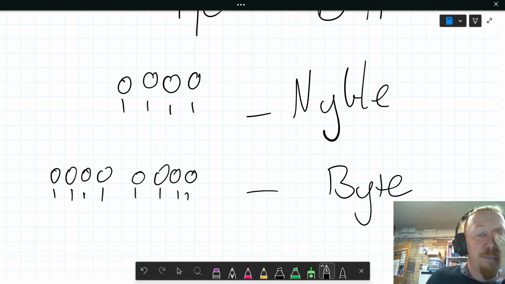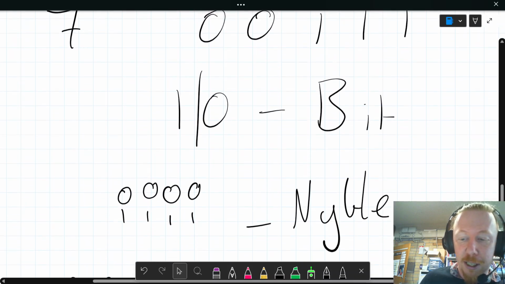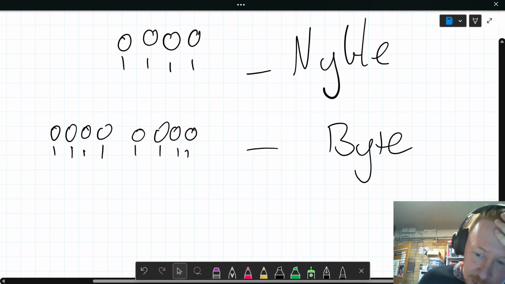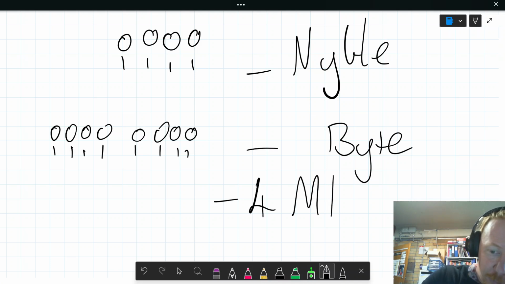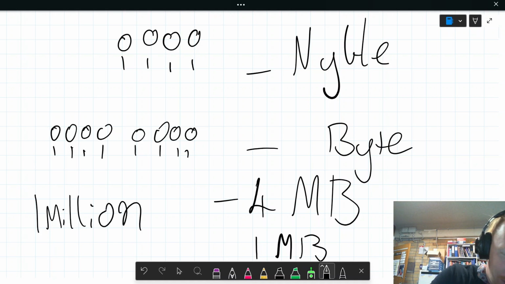you're absolutely correct. 4 bits is a nibble, 1 bit is a bit, 4 bits is a nibble, 8 bits is a byte. And when you check your phone, you might see, oh, this photo of me hitting the griddy is 4 MB, 4 megabytes. 1 megabyte is 1 million of these little guys.